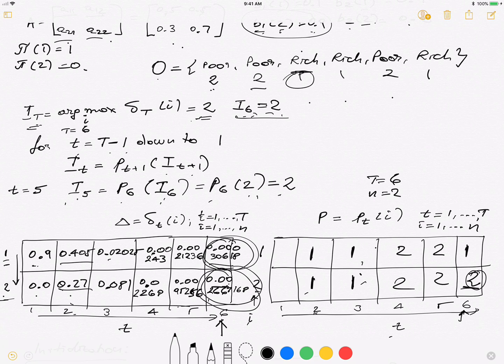Now, go further. When t equals 4, it will be I4 equal P5 of I5. I5 is 2. P5 of 2 is also 2. So essentially I'm going this way, backward.